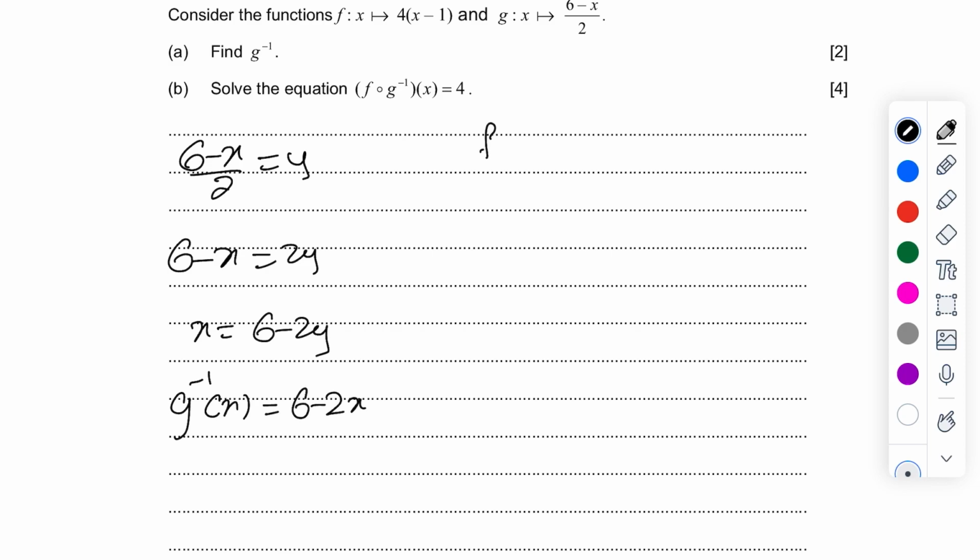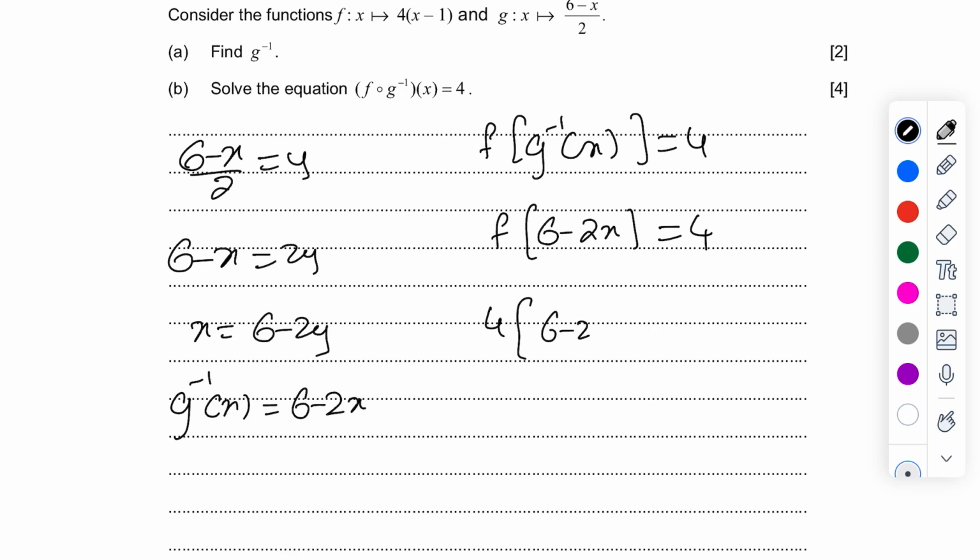Next, f of g inverse of x equals 4. So f of g inverse of x, with g inverse of x being 6 minus 2x, plug in that over there: 6 minus 2x minus 1 equals the value.